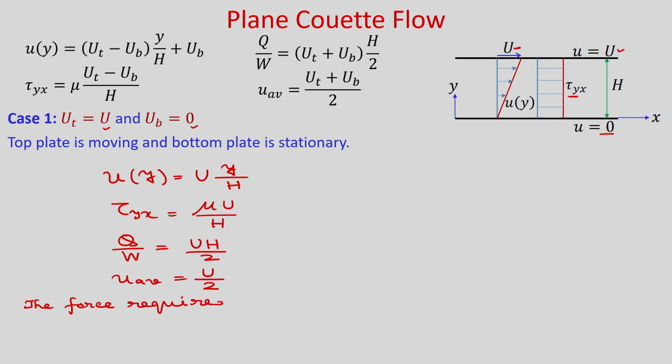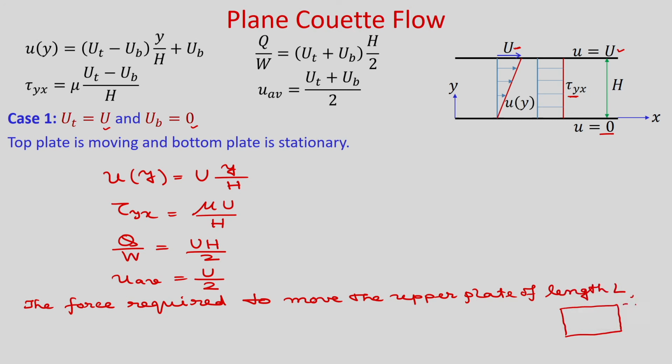Now, if you want to calculate the force required to move the upper plate of length L, consider an upper plate of width W. Let us say this is W, the top view we are seeing, and at a distance x, if you take one elemental strip of thickness dx, then the elemental area dA will be just W dx over the plate.